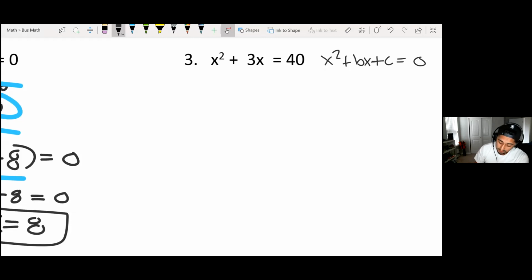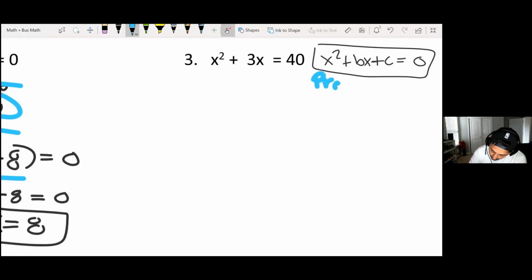Okay, so that's our proper form. Box it and say proper form. Okay, I'm going to erase it now. Just remember that this is the proper form.